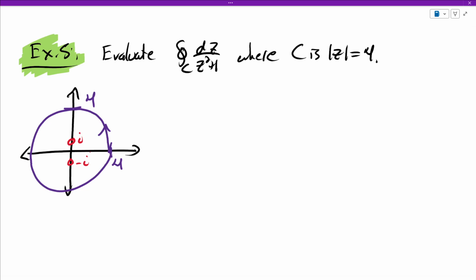All right, so let's go ahead and compute the integral over C, and C is this circle oriented always with the interior of the region it bounds on the left.